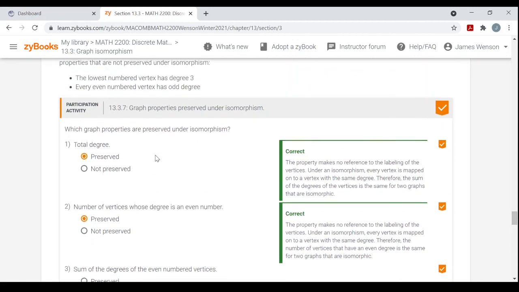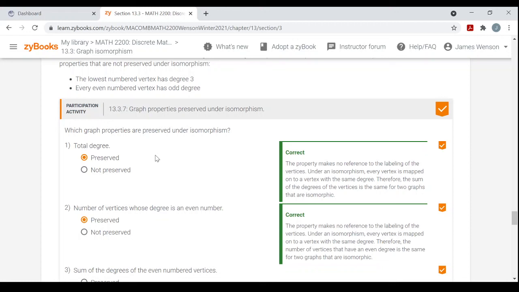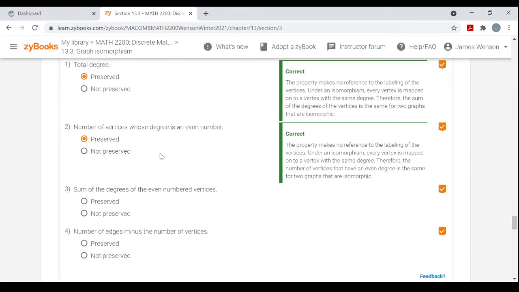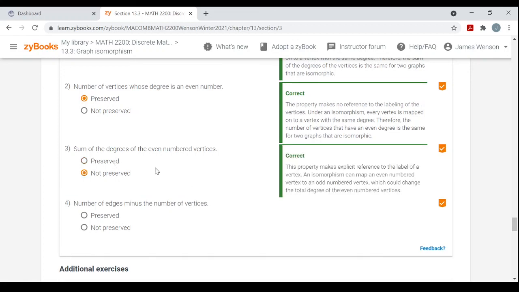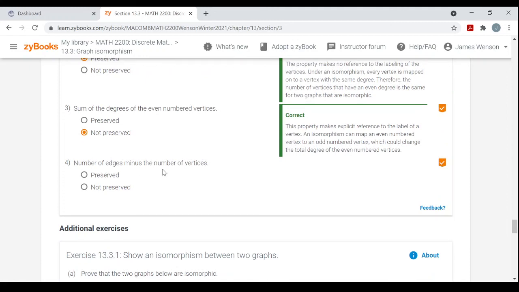You just change another vertex's labeling to be an even number with an even degree, and it'll change the sum of those even numbered vertices. So this is not preserved because things can be relabeled. The number of edges minus the number of vertices, absolutely. Because remember, the number of edges is always the same between two isomorphic graphs. The number of vertices is always the same between two isomorphic graphs, so this subtracted number would always be the same as well.